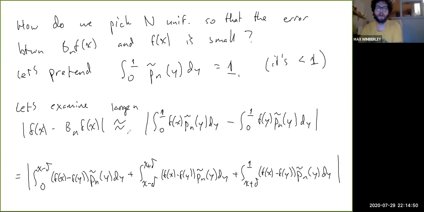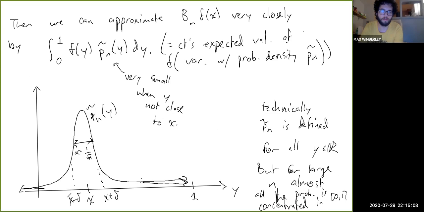Okay, so I combined these two integrals together first and left it as an integral from 0 to 1, and then I split it up into 3 regions, okay? You see it's the same thing inside in all 3 of them, but I split the interval into these 3 regions.